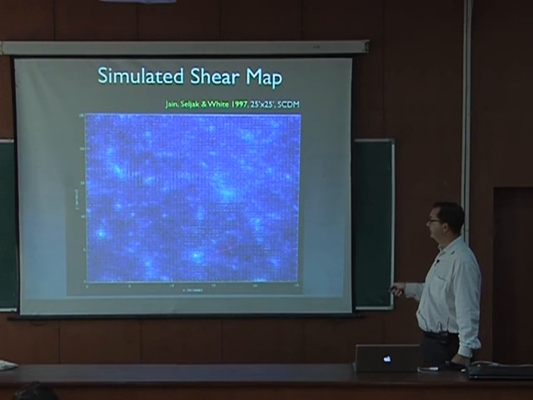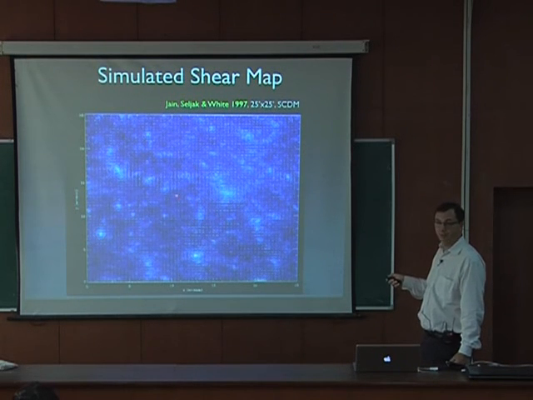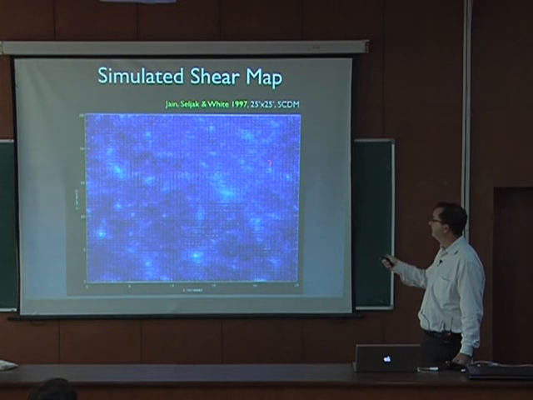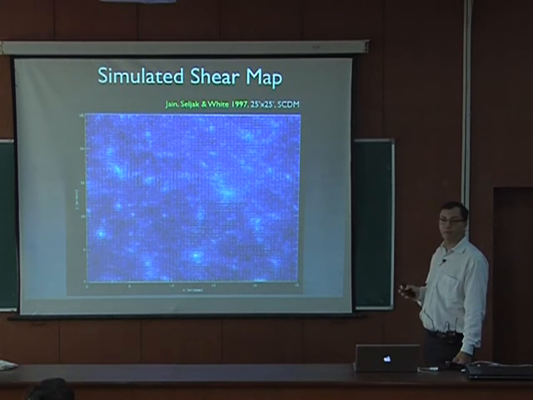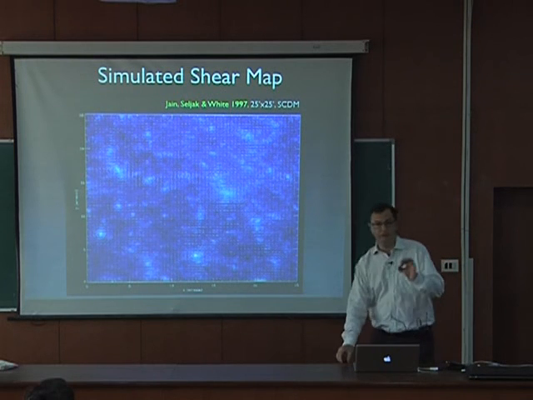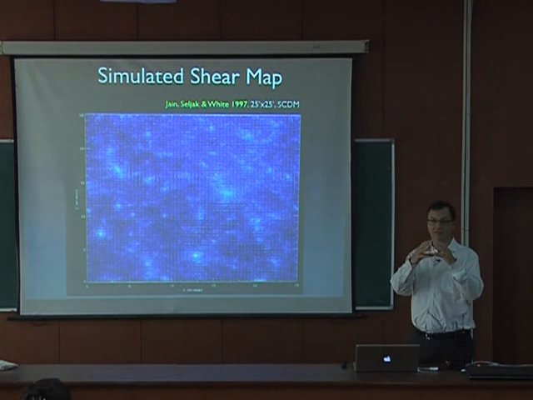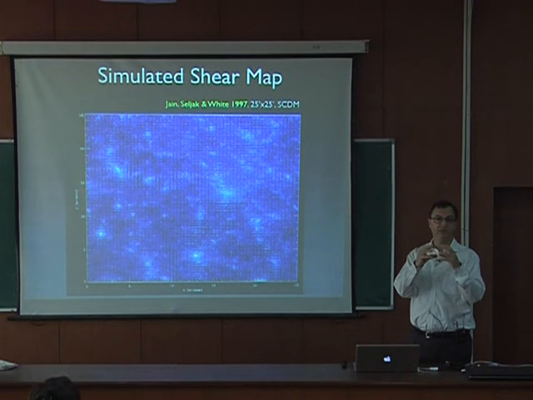Now the difficulty is that this weak lensing effect is weak indeed. The amplitude of the shear we expect in typical places in the universe is about a few percent. So it means that if you take a galaxy, its axis ratio gets affected by lensing by only a few percent.